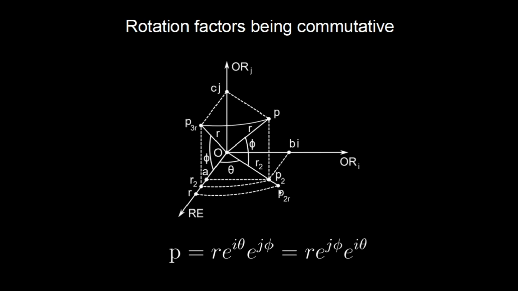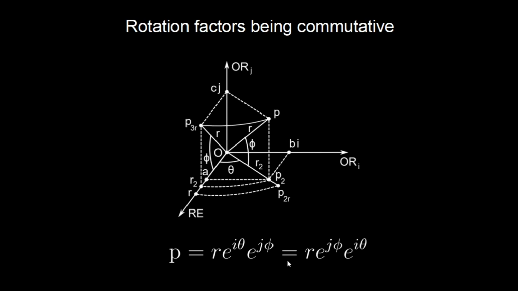Further, multiplying with j associated rotation factor e to the power j phi makes P sub 2r rotate to P.